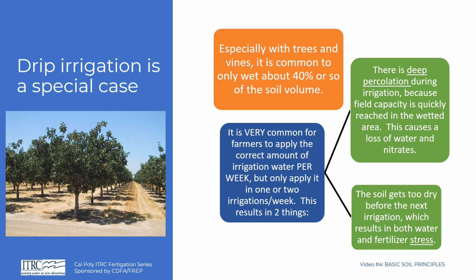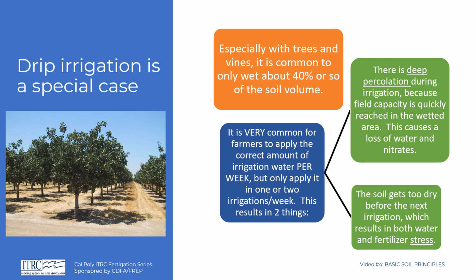So what can happen, and I see this a lot, is people put on the right amount of water per week, but they put on too much at once. And so what happens is they get deep percolation, and then that small root zone dries out because there's just not much water stored there. And so the plant gets stressed before they irrigate next time.